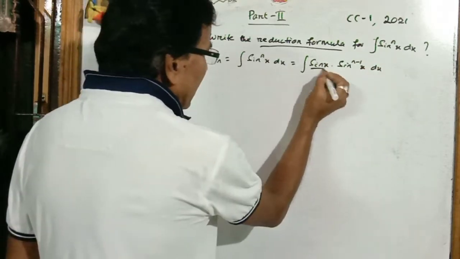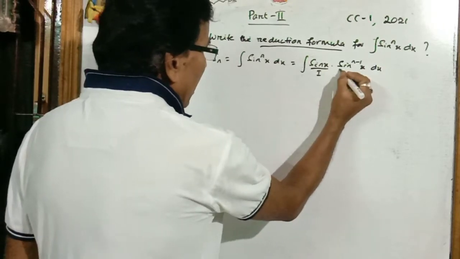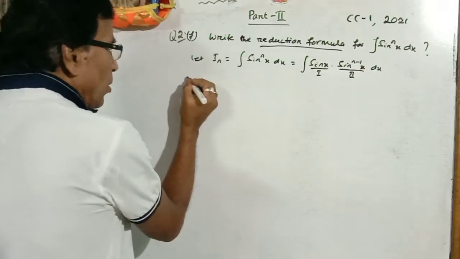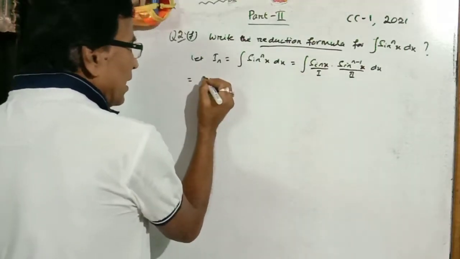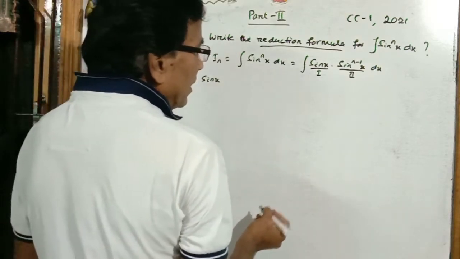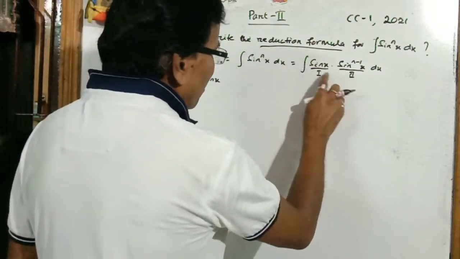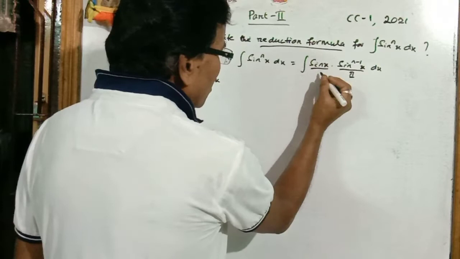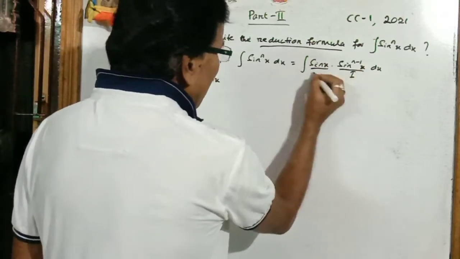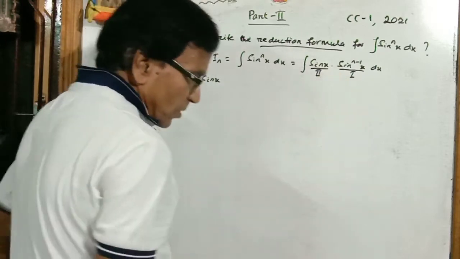Now taking sin x as the first function and sine to the power n minus 1 as the second function, on integrating by parts... extremely sorry. Here you take the first function as sine to the power n minus 1 x and sin x to be the second function.